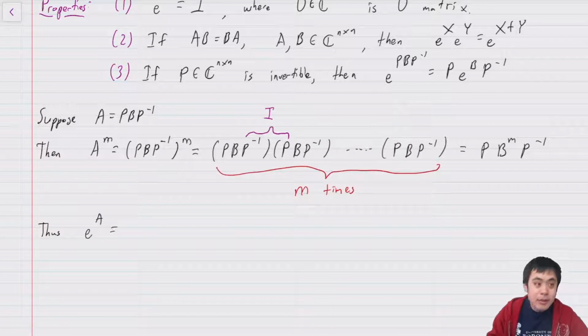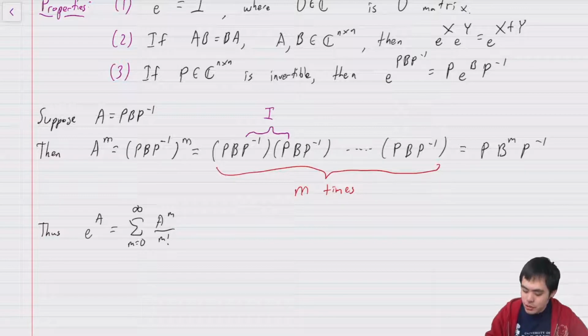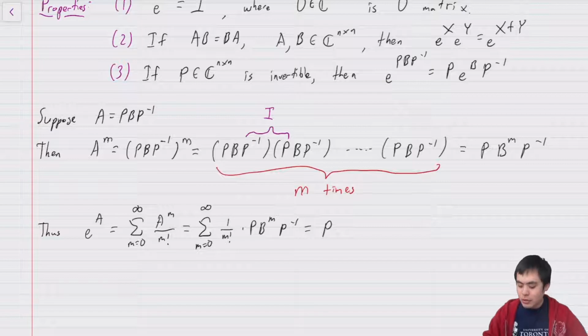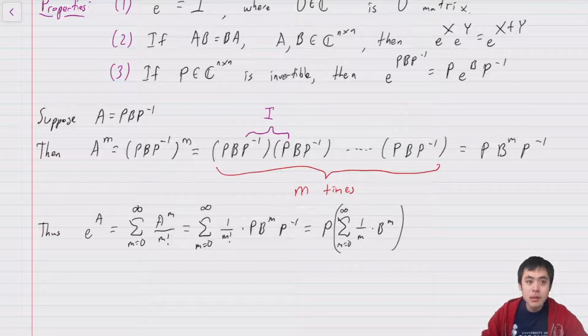So e to the A is equal to the summation from m equals 0 to infinity of A to the m over m factorial by the Taylor series definition. This is equal to the summation from m equals 0 to infinity of 1 over m factorial times P B to the m P inverse, which is equal to, if you pull out the P in front and the P inverse at the very end, by the distributive law, P times the sum from m equals 0 to infinity of 1 over m factorial times B to the m, times P inverse.